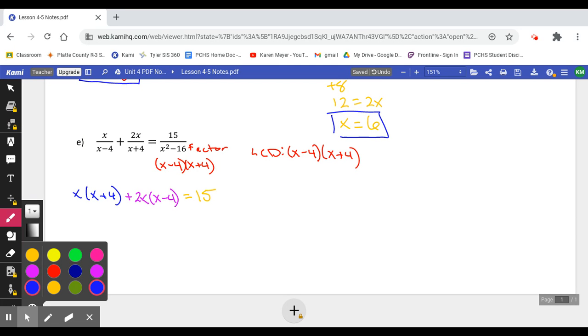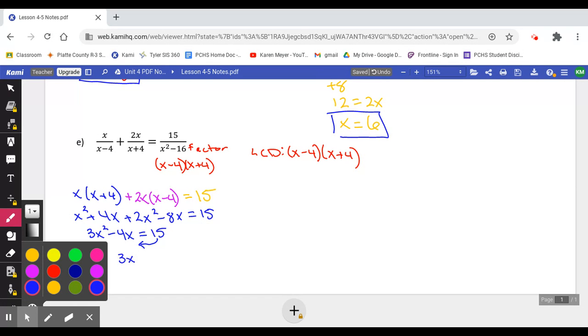So now I'm going to distribute. I'm going to get x squared plus 4x plus 2x squared minus 8x equals 15. So combine like terms, and that's going to give me 3x squared minus 4x equals 15. And I have to move all terms to where the x squared is.